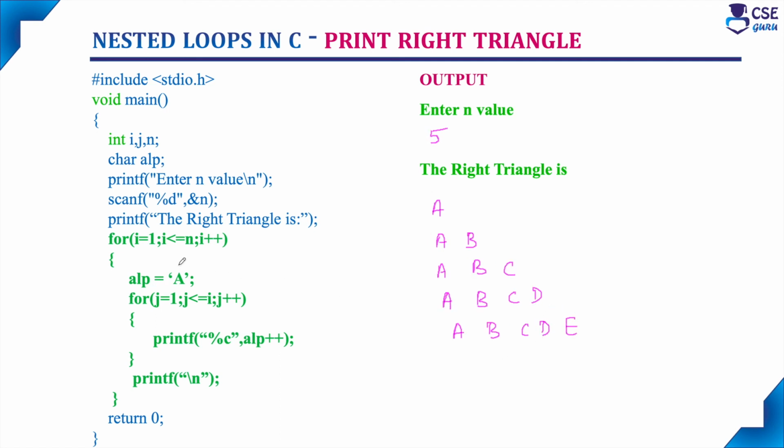If you want to print the inverted right triangle for the same, we need to change the outer for loop condition: i equal to n, i greater than or equal to 0, and i minus minus.